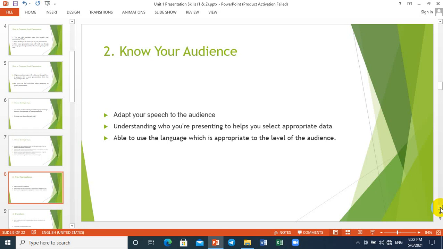And it can enable you to use the language which is appropriate to the level of the audience. So when we know the audience, we also know the language level of the audience. It's easy for all of you to use the language in your presentation which fits with the level of the audience. Therefore, the audience can understand your speech clearly.